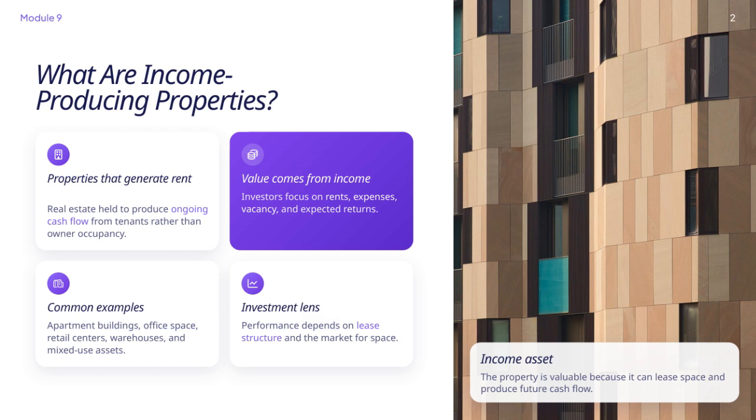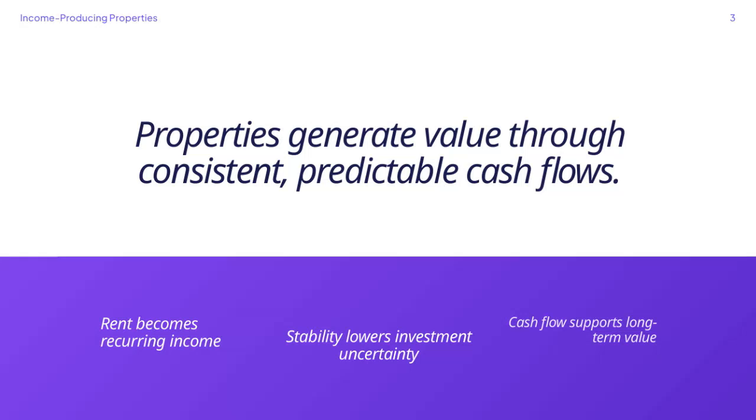attractive investment opportunities. When we talk about income-producing properties, the key advantage lies in the steady and predictable cash flows they generate. These properties transform rent into recurring income, giving investors a reliable revenue stream. This stability is crucial because it reduces the uncertainty typically associated with investments.